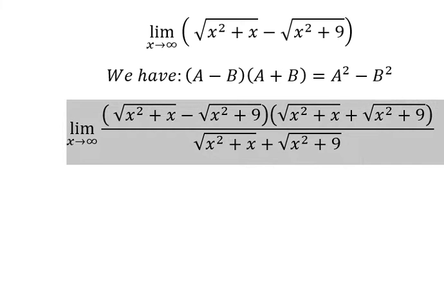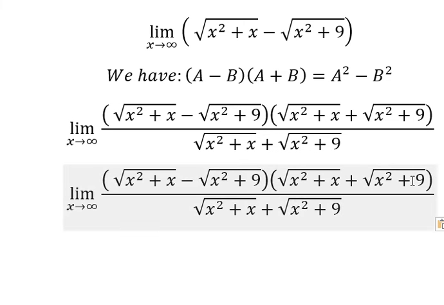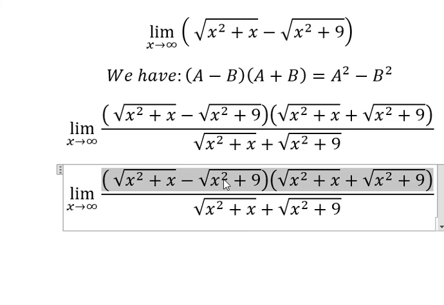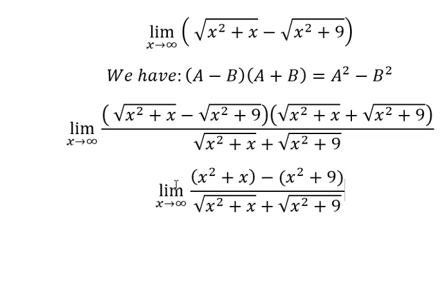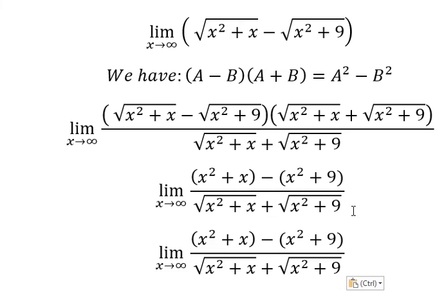So for this one, that is s squared plus s minus s squared plus 9. So s squared and s squared we cancel. We just have only s minus number 9.